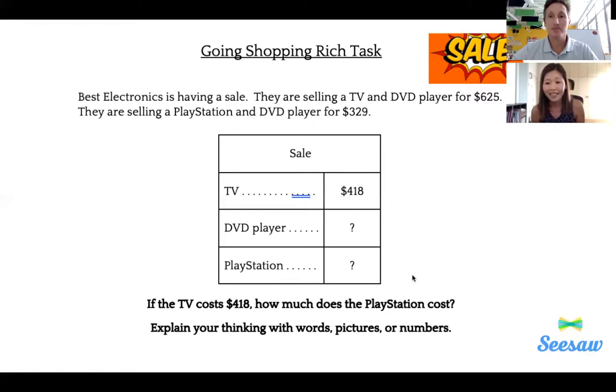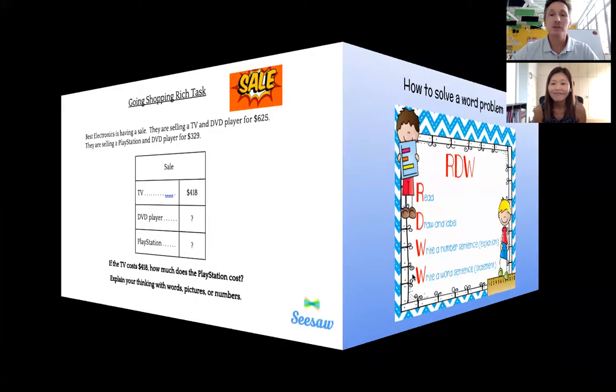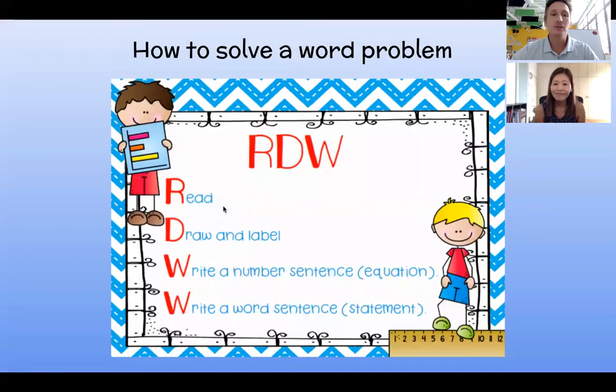Friends, we want you to solve that problem using read, draw, and label, then write your number sentence, and then write your word sentence at the end. When you write your number sentence, make sure you find that missing amount and write it in an equation.